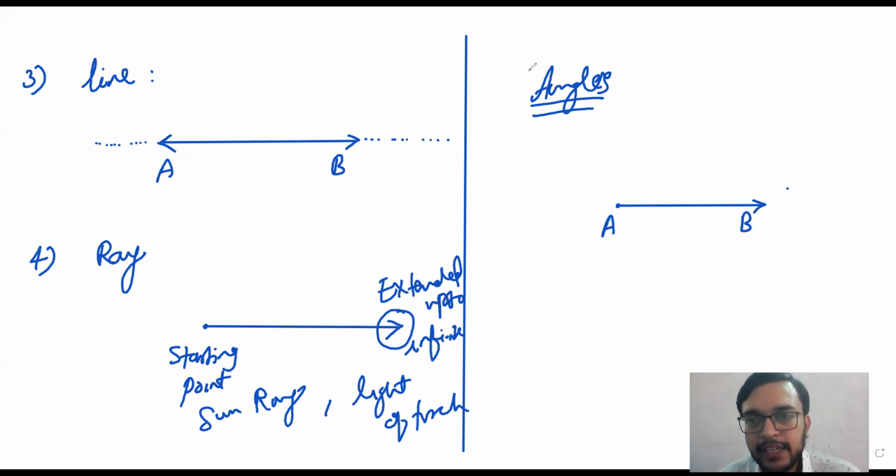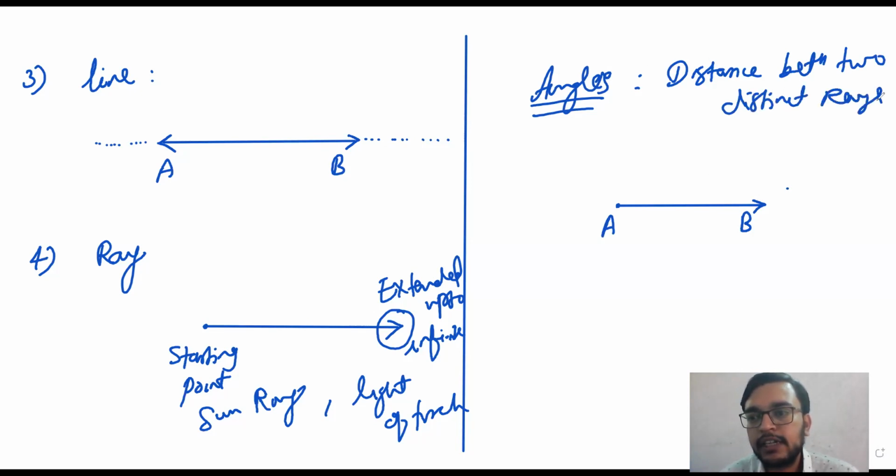Now the angle is the distance between two distinct rays. What is meant by angle? It is a distance between two distinct rays, right? Now what is meant by two distinct rays?